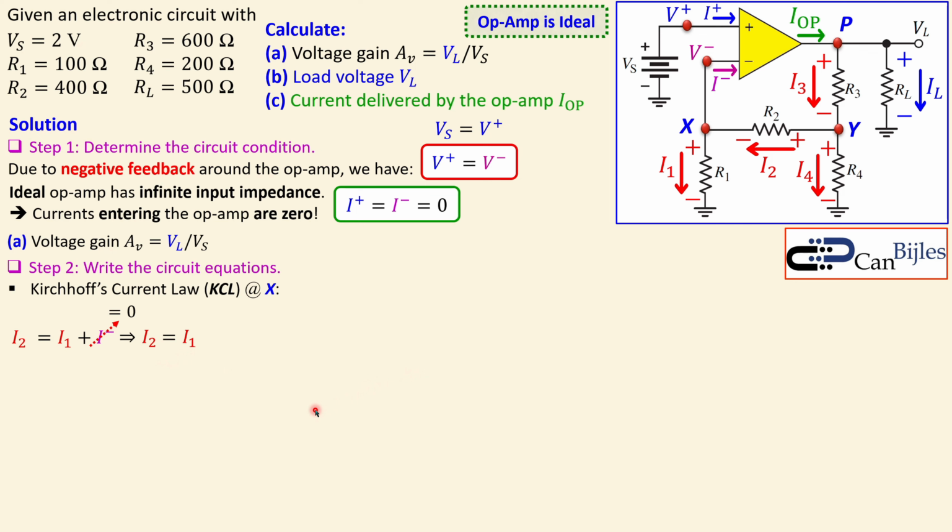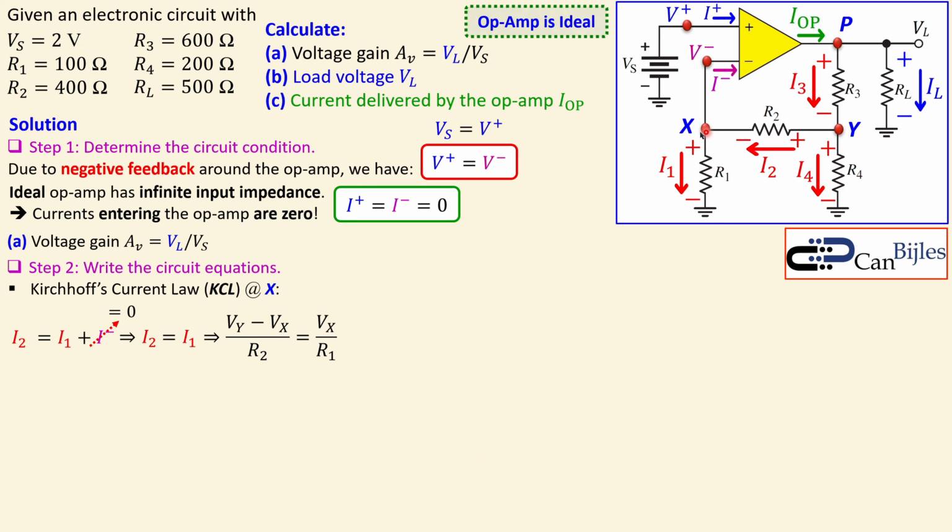The next step is using Ohm's law to write the current expressions in terms of the voltages and the resistors. For I2, that's the voltage drop between point Y and point X. That's shown here. So Vy minus Vx over R2 will give you the current.